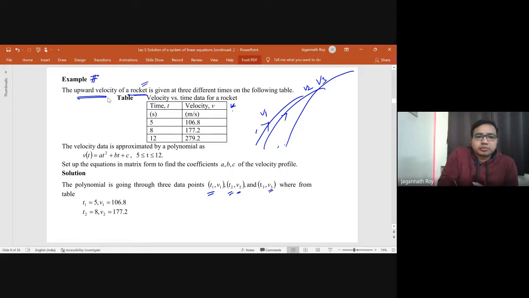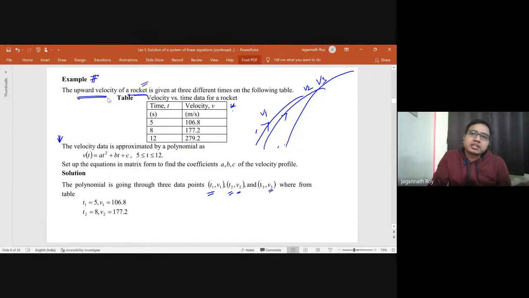For that you have to approximate, so don't get tense. What is the approximation? You just take that the equation of the velocity follows this pattern. You don't have to worry about it, because this is more of a numerical analysis topic.